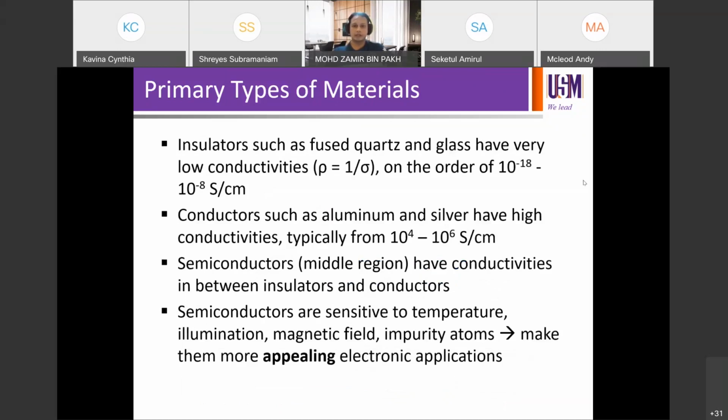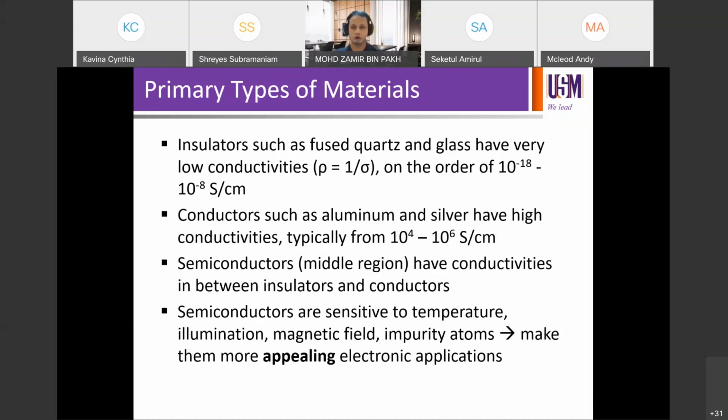Insulators such as fused quartz and glass have low conductivities. We've seen those conductivities and resistivities on the chart on the previous page, in the order of 10 to the minus 18 to 10 to the 8. Conductors, on the other hand, have the opposite properties: very high conductivity and very low resistivity.